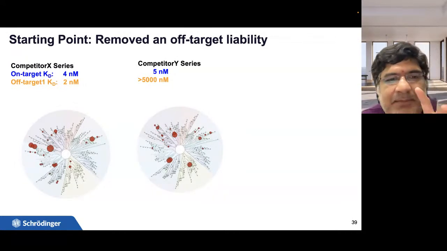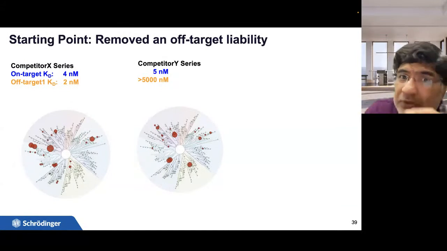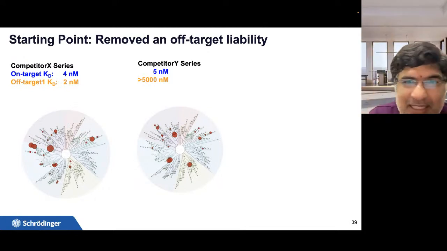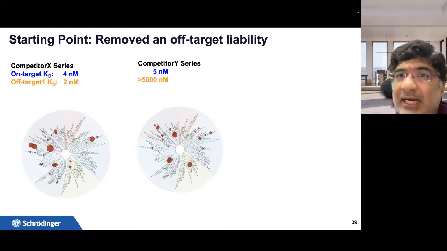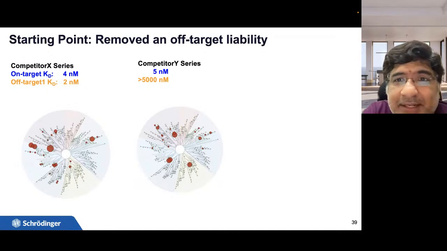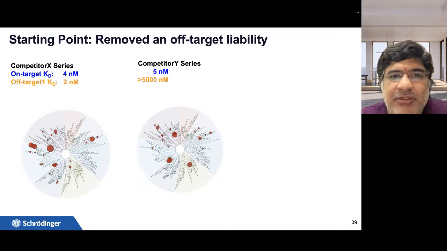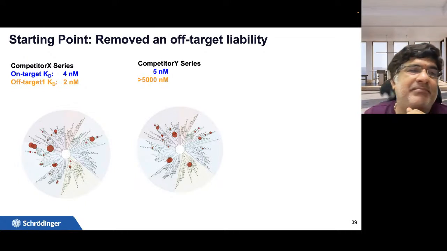That means the binding site would be exactly the same or almost the same, right? So if I go with competitive inhibition, I hope you are able to connect with my earlier slide. Now if I come up with a competitive inhibitor molecule, there is a high chance that it could bind to the other 500 kinases also because the binding site is almost the same, right? So now bringing selectivity is the big challenge.